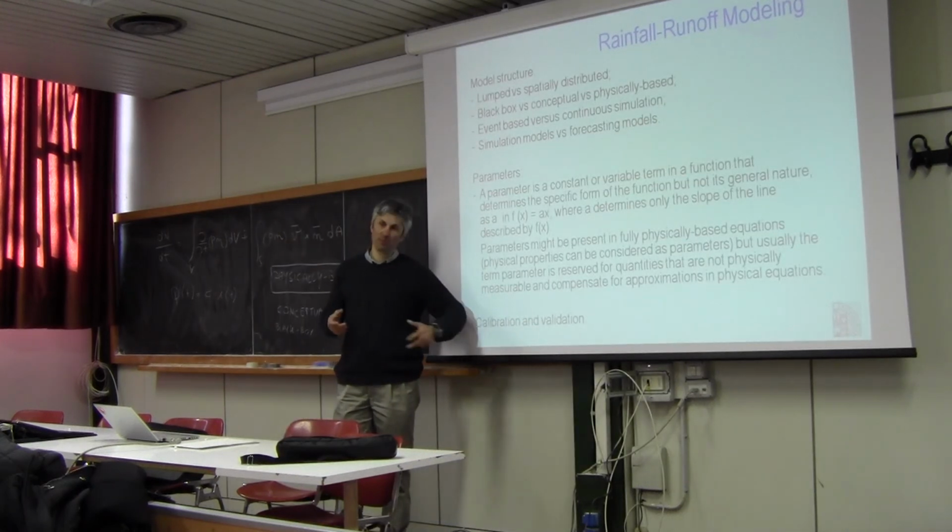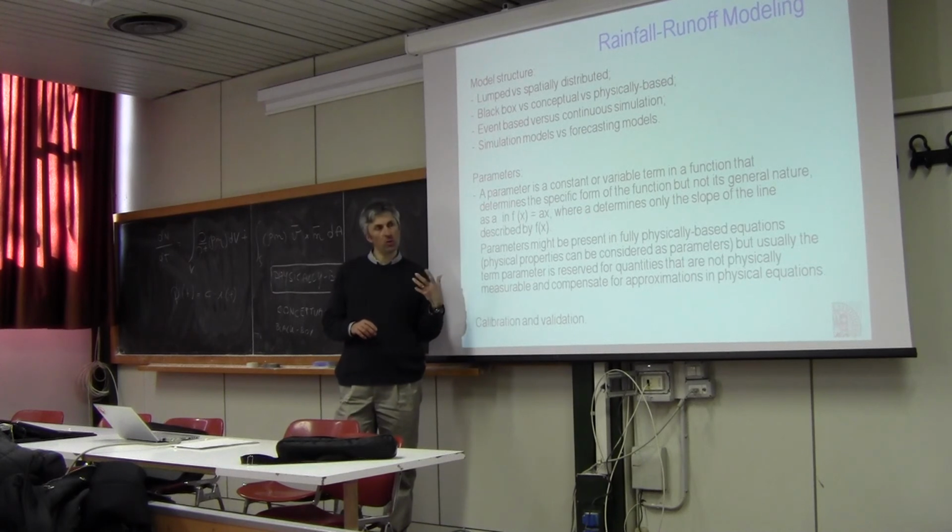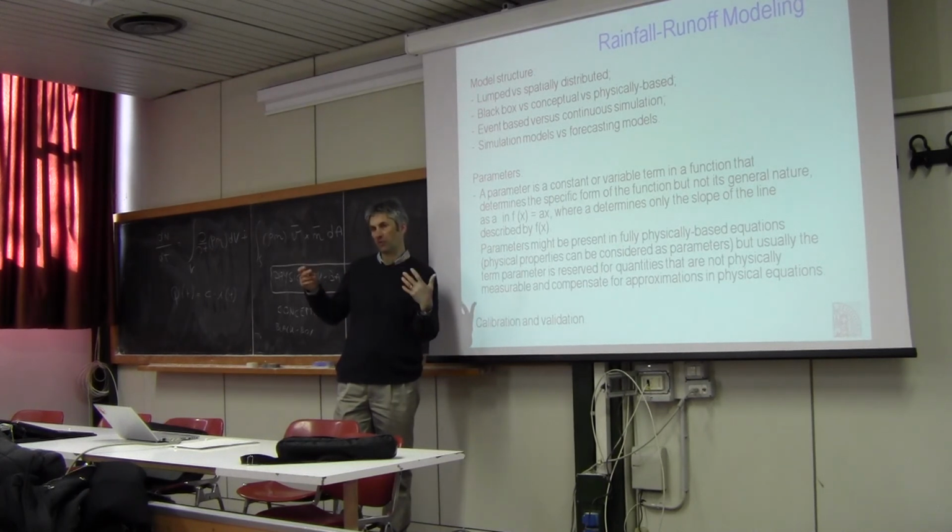Let's skip the concept of validation. I just want to anticipate that when you calibrate the parameters, you have to check that the values are indeed good values for the parameters themselves. Because you calibrate the parameter by optimizing model performances, we will see how to do it, but then we have to check that the parameter values are indeed good.